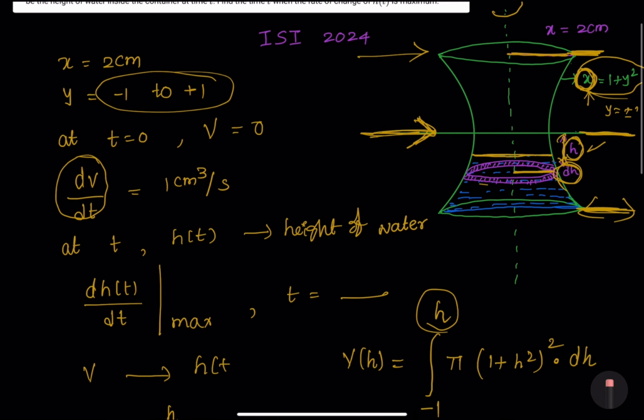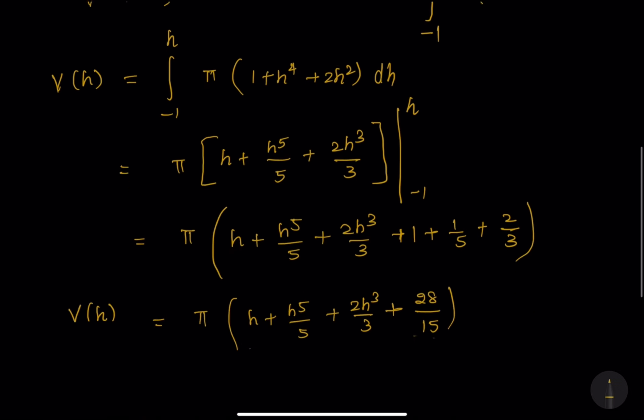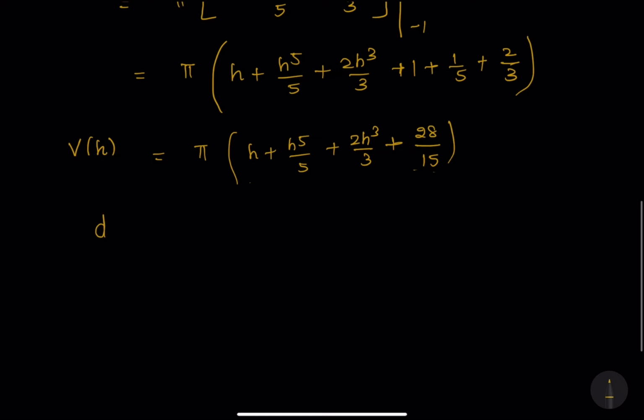Now the only information given in the question is dV by dt is equal to 1. So differentiate this particular expression with respect to t on both sides.